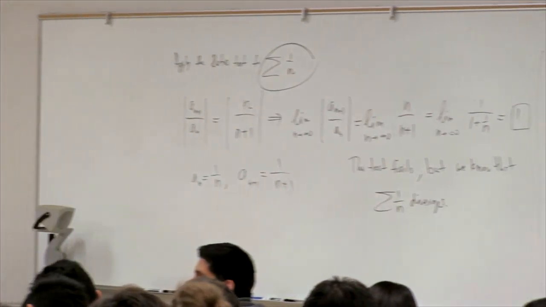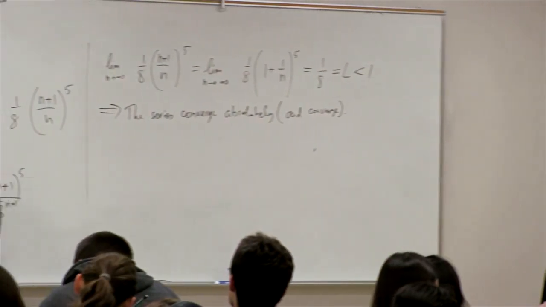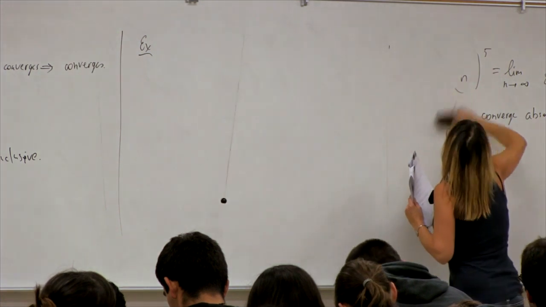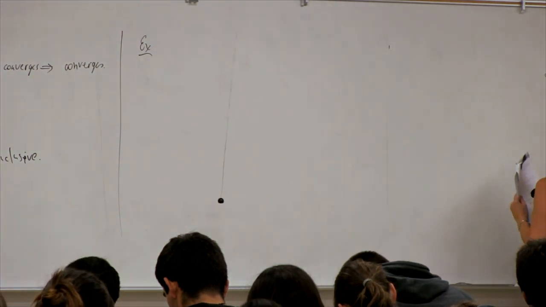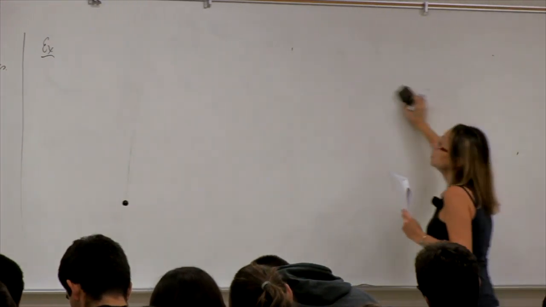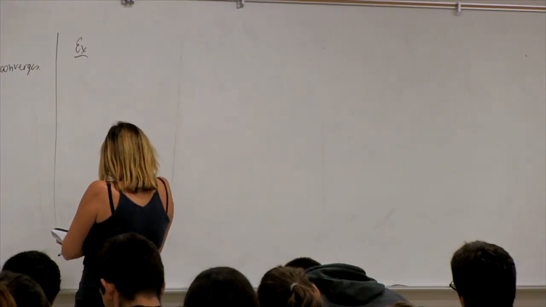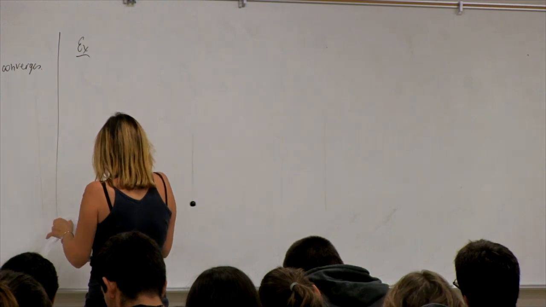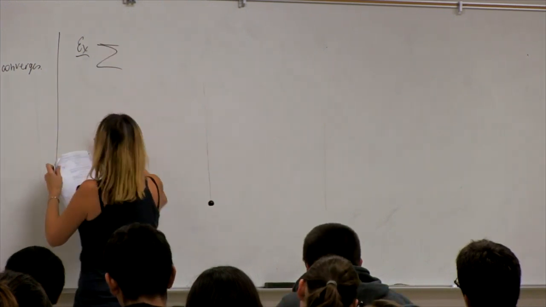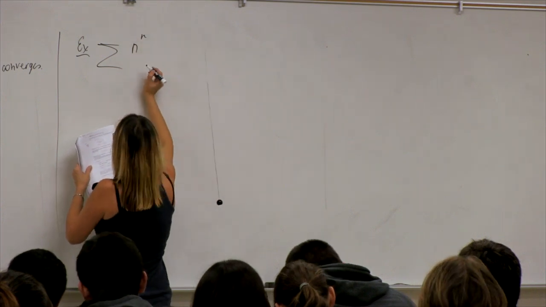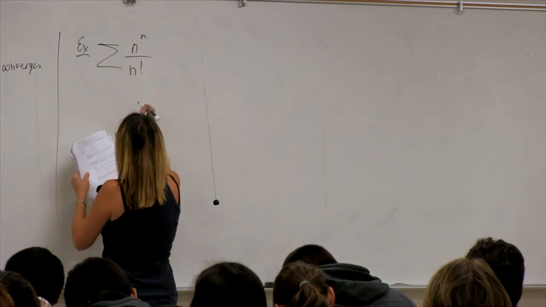The last example of the ratio test is as follows. So let's consider the sequence n to the n over n factorial.